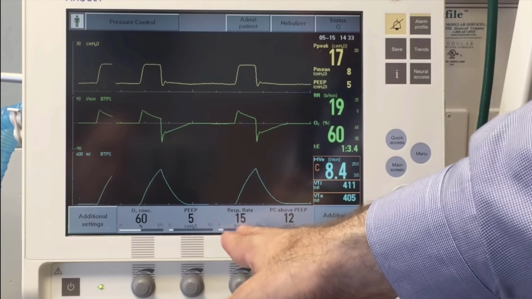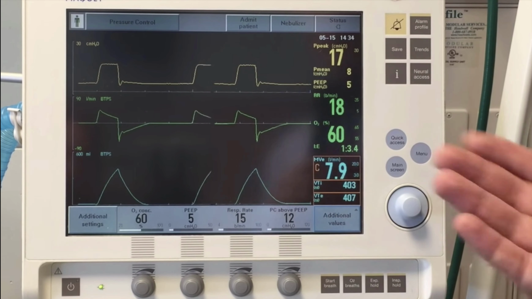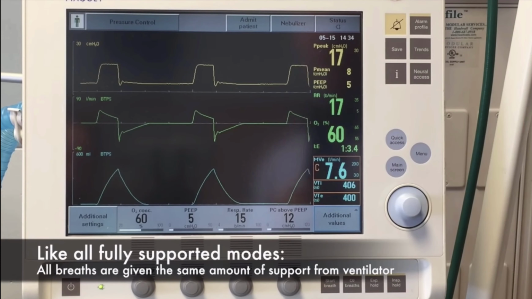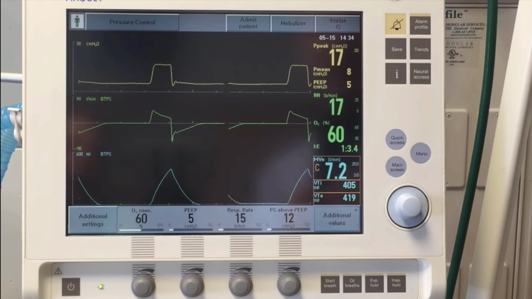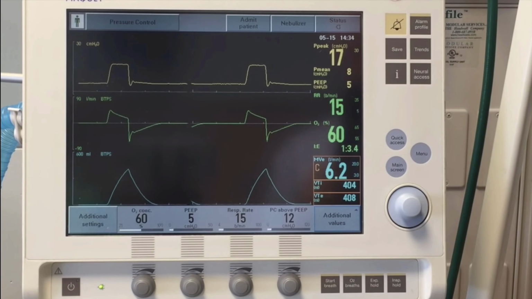The respiratory rate is set and the FiO2 is set. And you set an inspiratory time, which is equivalent to setting an I to E ratio, which you can see here is 1 to 3. But again, this is another fully supported mode. And you would do this, for example, in a patient who had severe acute lung injury where you wanted to not allow the peak and plateau pressures to become very elevated.